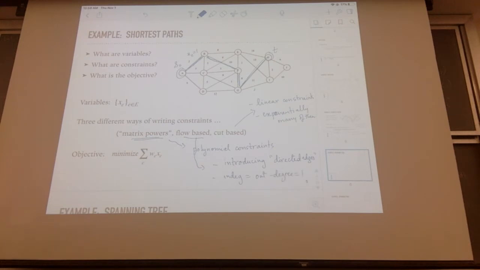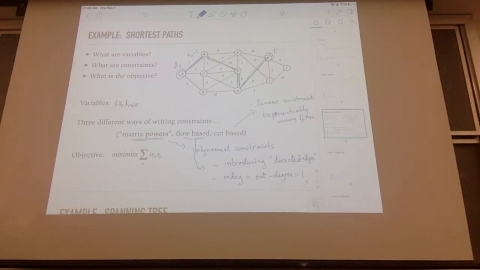The observation here was that for any path from S to T, you can think of directing the edges as going from S to T. And you want in degree equals out degree equals 1 for any vertex that's not S or T. For S you want out degree equals 1, for T you want in degree equals 1. And this exactly defines a path.